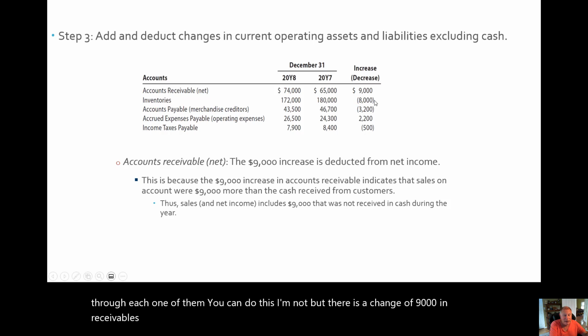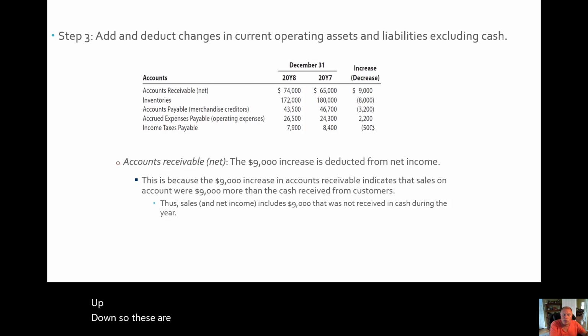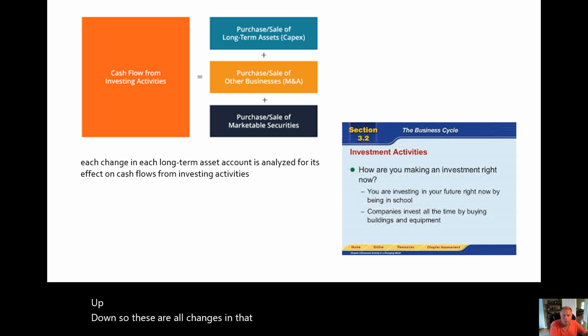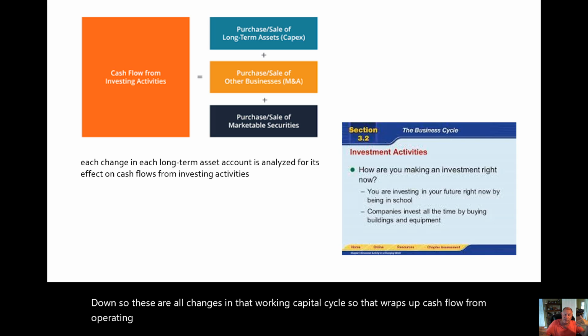Inventory went down, went up, down, up, down. So these are all changes in that working capital cycle. So that wraps up cash flow from operating activities. This is going to serve as the basis for other components of analysis that we will do around the cash.